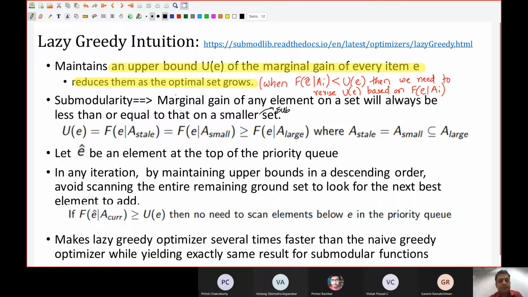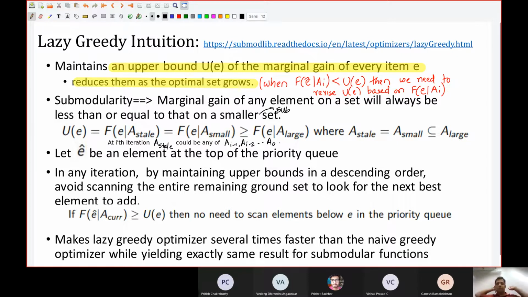So let's say at the ith iteration, this A stale could be any of the AI minus 1, AI minus 2, down to A0.